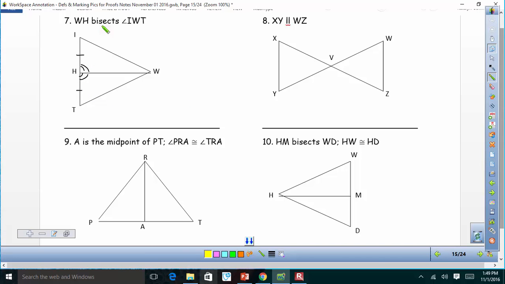Now, up at the top, it tells me that WH bisects angle IWT. So we're looking at an angle right here that's being split in half. So IWT is this whole angle up here. So it means this angle and this angle are congruent.